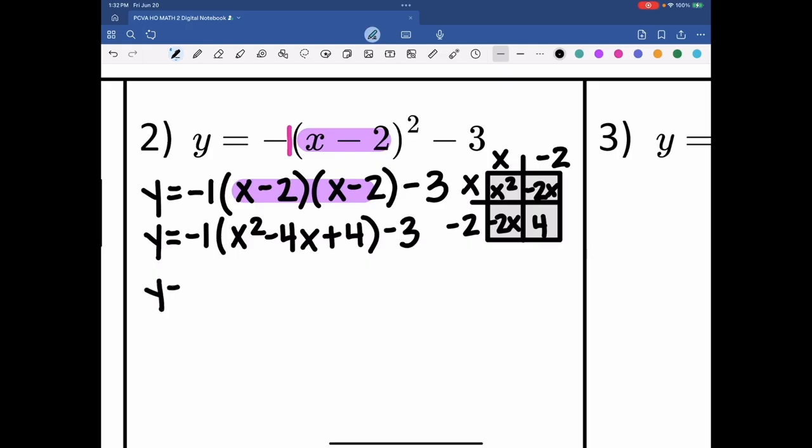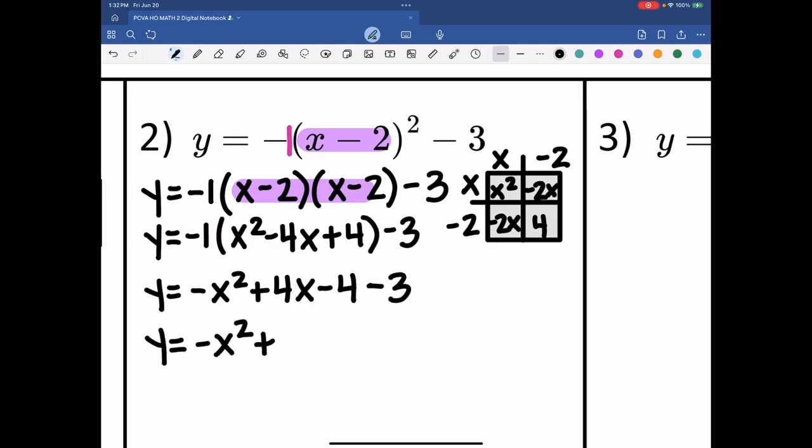Distribute that negative 1 in there, so that's going to be negative x squared plus 4x, minus 4, minus 3. And then combine those final two like terms, so we got negative x squared plus 4x, minus 7.